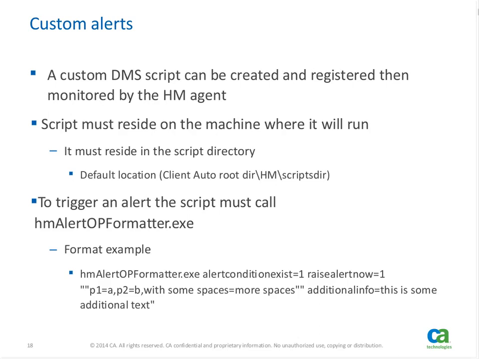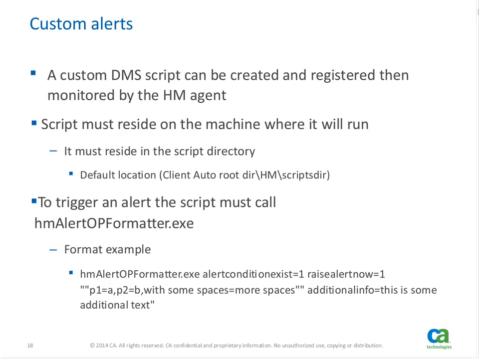So if you're going to be monitoring at an agent level, you'd want to make sure you deposit the DMS script onto all your nodes. The default location for that is noted here. It's the client automation root directory, health monitoring, scripts directory. But that also is configurable in configuration policy. If you wanted to have it somewhere else, you can.